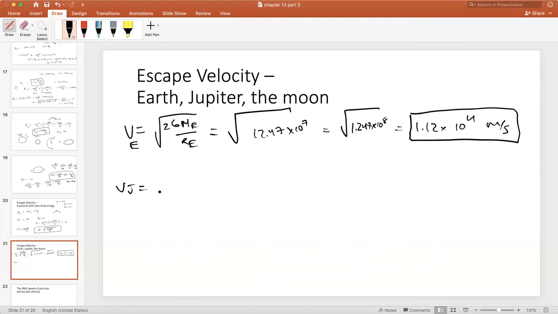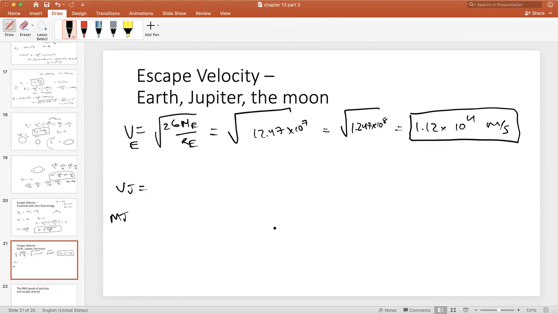For Jupiter, Jupiter actually has a mass of, sorry, I don't know where I put it.